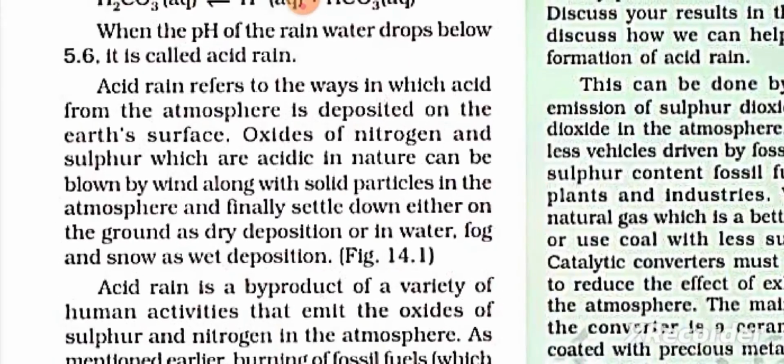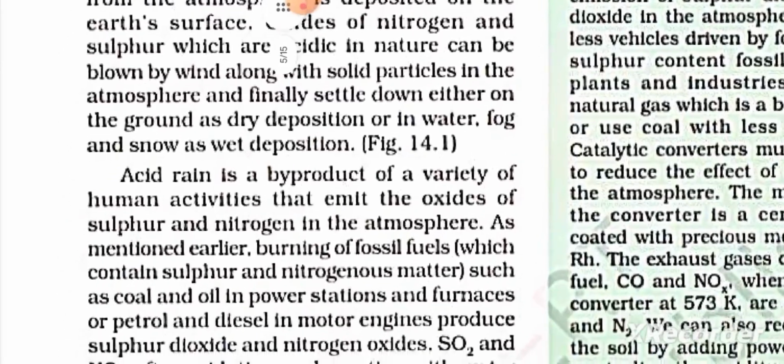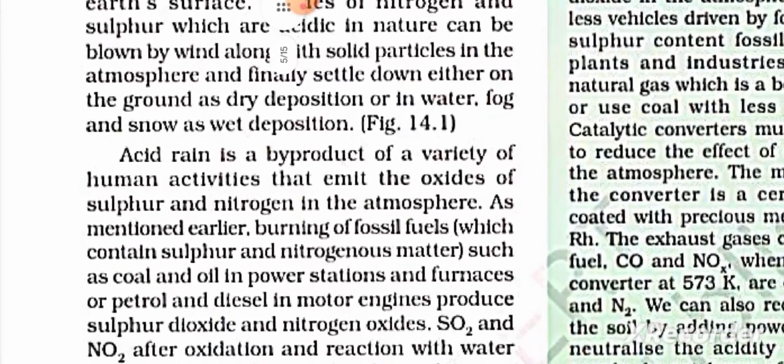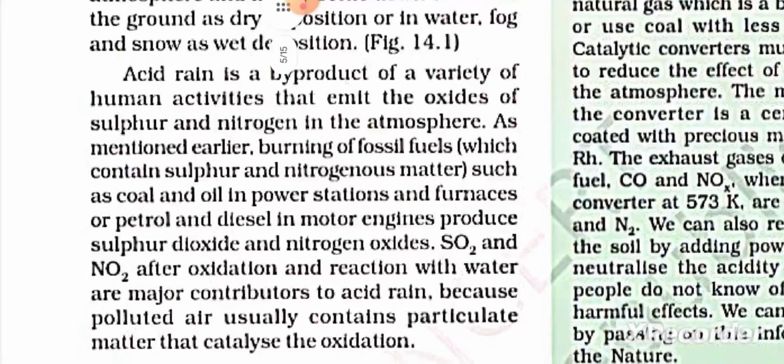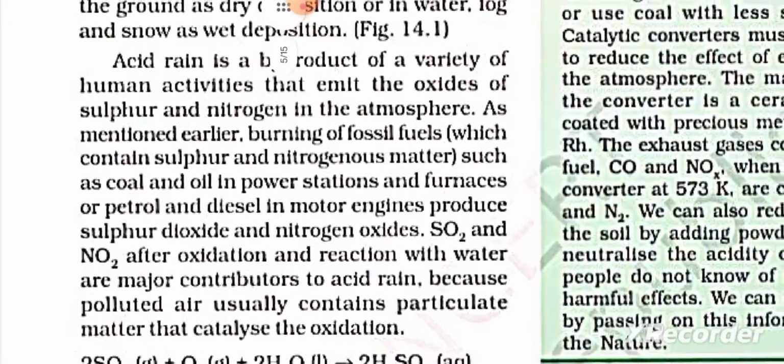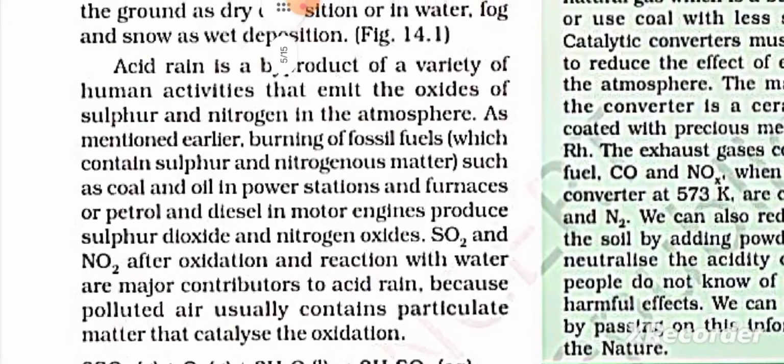Acid rain refers to the way in which acid from the atmosphere is deposited on the earth's surface. Oxides of nitrogen and sulfur, which are acidic in nature, can be blown by wind along with solid particles in the atmosphere and finally settle down as dry deposition, or as wet deposition in rain, fog and snow. Acid rain is a byproduct of a variety of human activities that emit oxides of sulfur and nitrogen into the atmosphere.